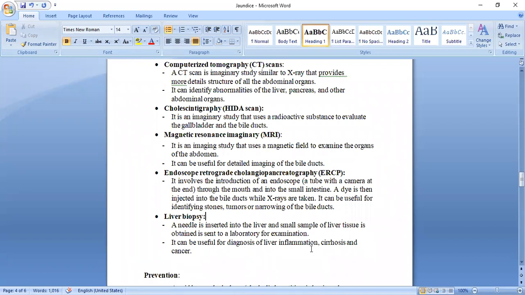According to that, we can diagnose liver inflammation, cirrhosis, or any type of cancer. We can examine this in the liver biopsy.